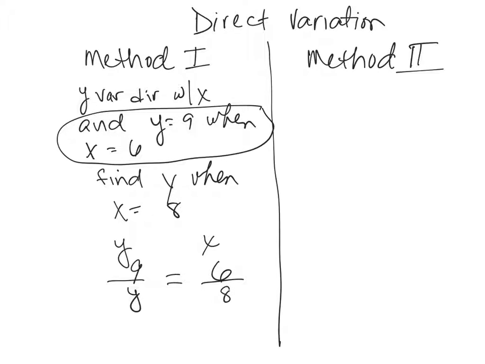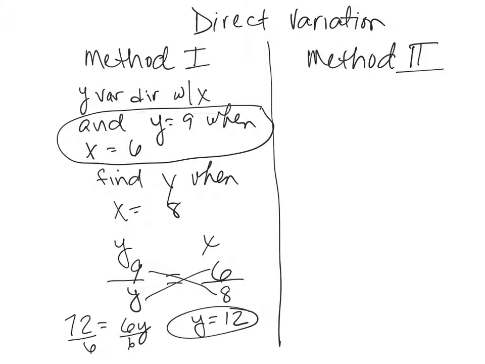When you have two fractions equal to each other, you cross multiply. So we have 72 equals 6y. So y equals, what is that, 12?